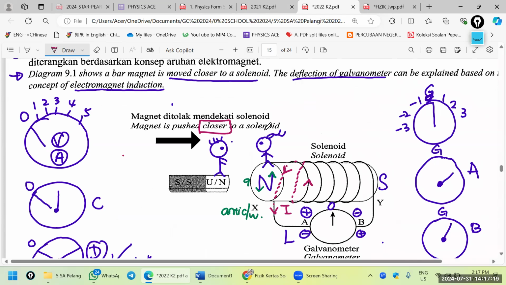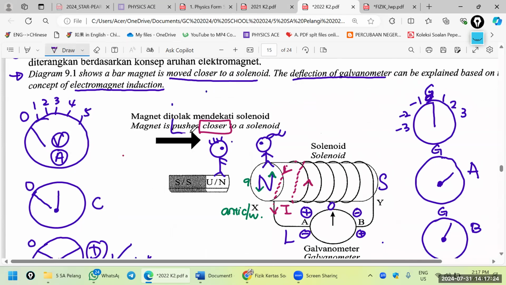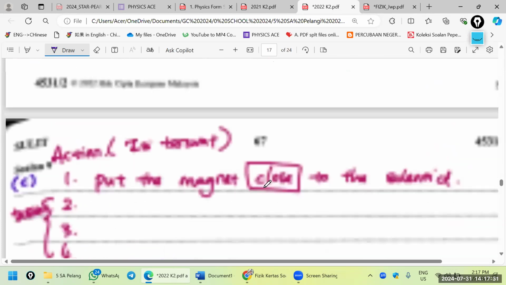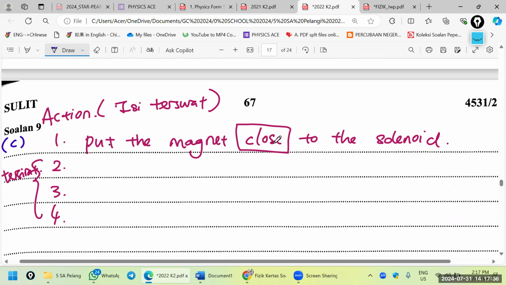Yes, cannot use. If you use push closer, sorry, no marks. If you repeat anything from question, no marks. So maybe we use other words, synonym, like English, very good one. Near to the solenoid. Don't use push, we say put, or we say carry or something. Do not use the word same as the question. This makes you lose marks.